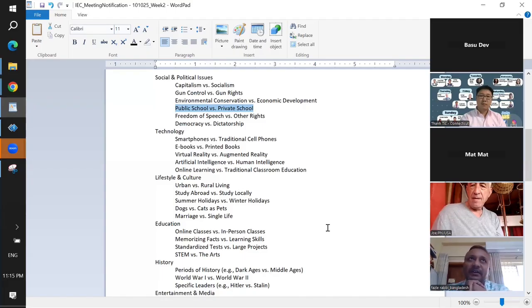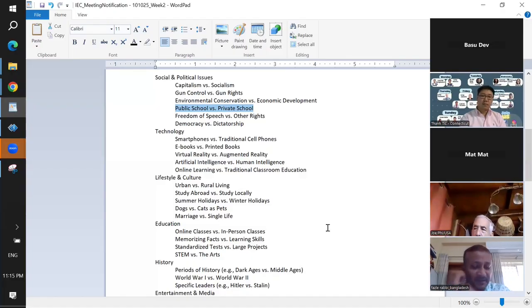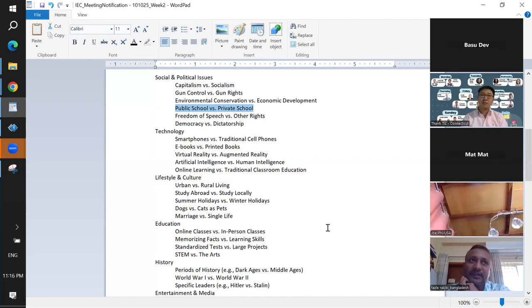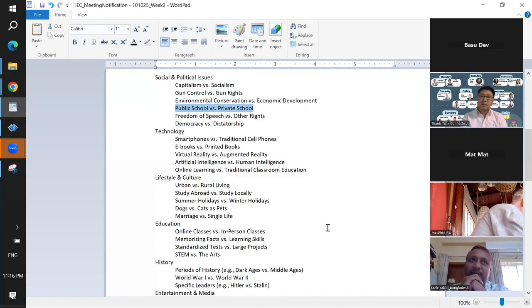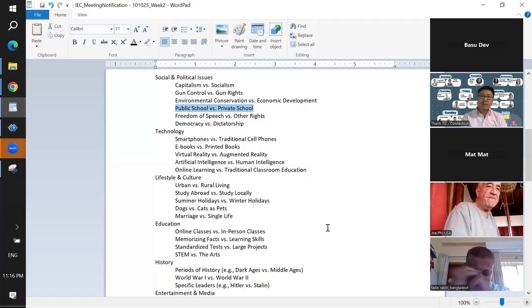In the previous era, we always preferred to get our child admitted into the public school first, since at that time the students from the public school did better than those from the private school. So most of the parents tried to get their child admitted into public schools. This is one of the reasons why they chose the public school first.